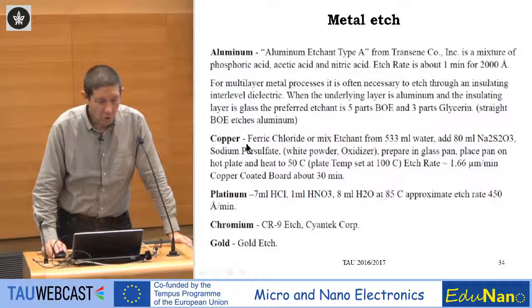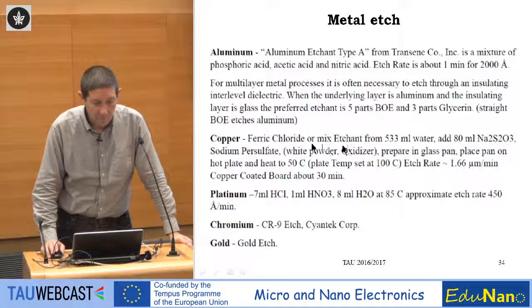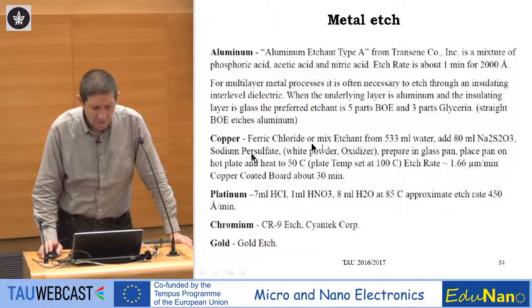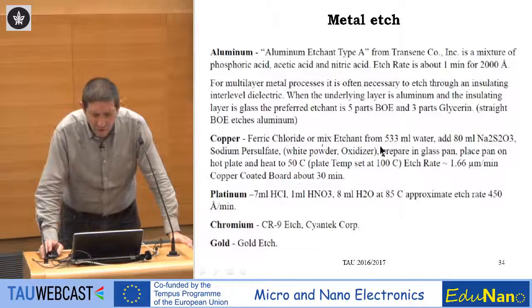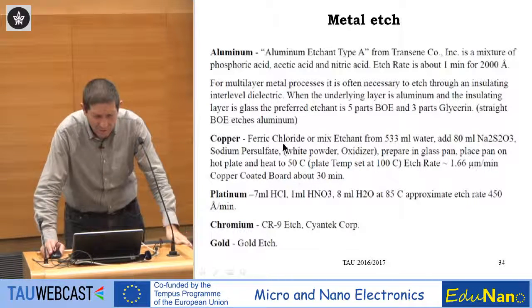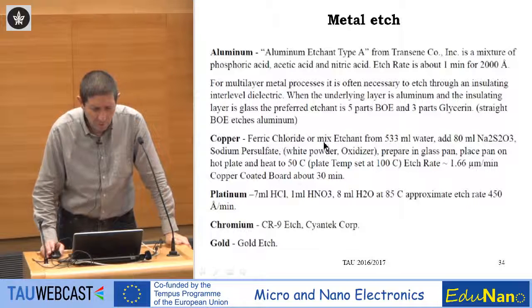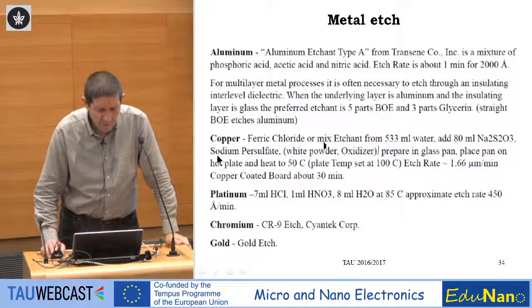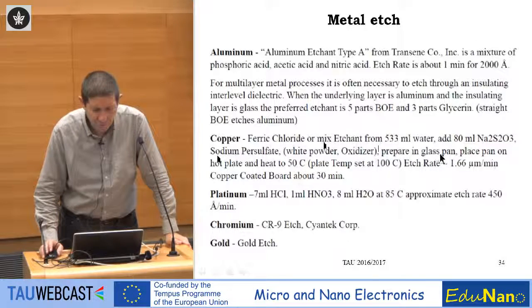The most common material is ferric chloride or mixed etchant where you take this composition. These are the typical chemistries of copper etchants. You take the ferric chloride and mix it with some other compound like sodium persulfate, etc.